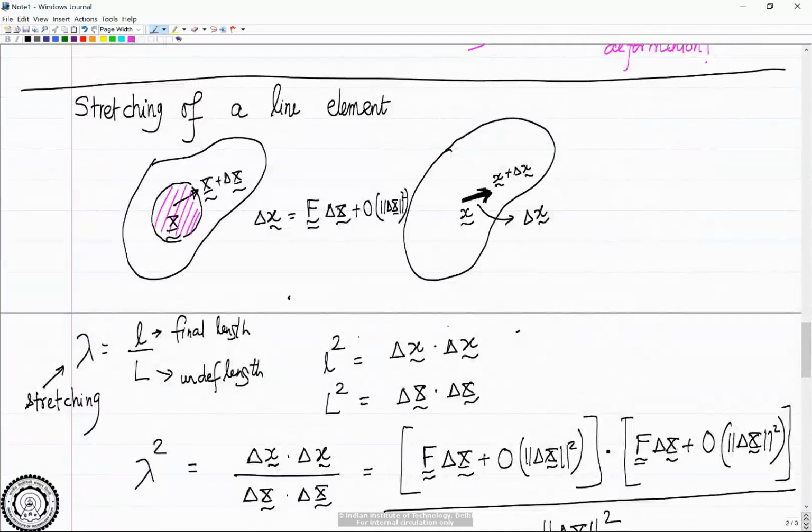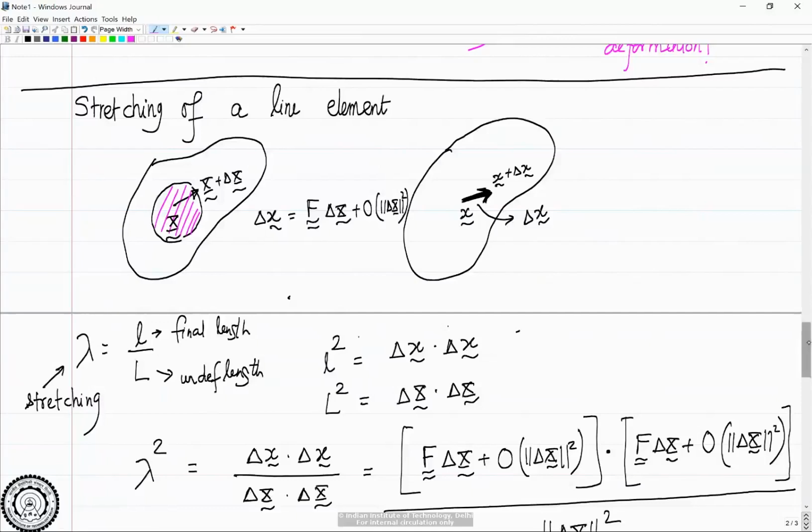Well, it's technically incorrect to say stretching of the point, but we can say stretching at a point. Okay, so stretching at a point means stretching of a very, very tiny line element at that point. That's the meaning of stretching at a point.